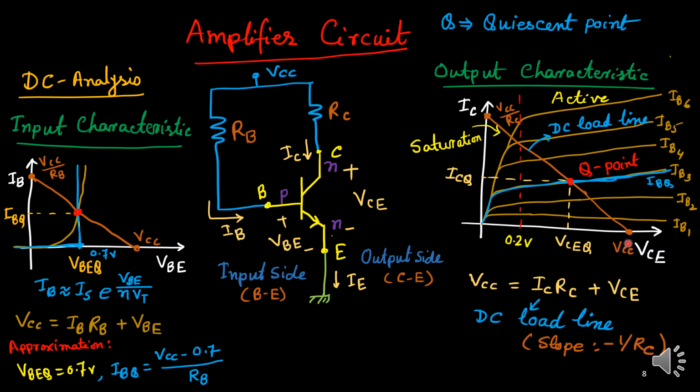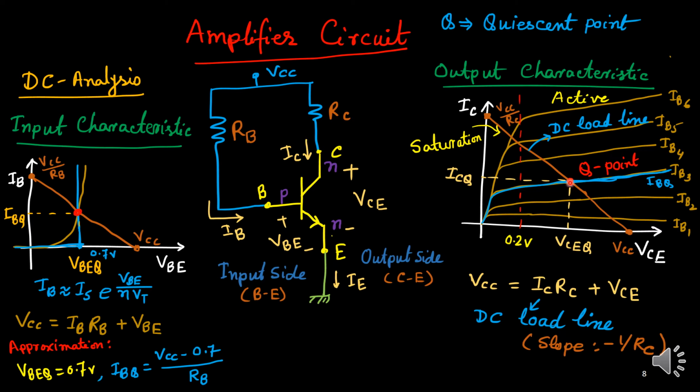If I join these two, I get a straight line, which is the DC load line, and its slope is negative 1 upon RC. The negative sign implies a decreasing function, and its magnitude depends on RC. If RC is large, the slope is small. If RC is small, then 1 upon RC is large, meaning the slope is large, more vertical, a sharp falling.